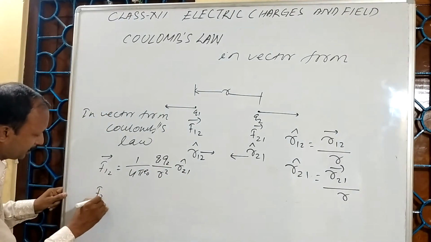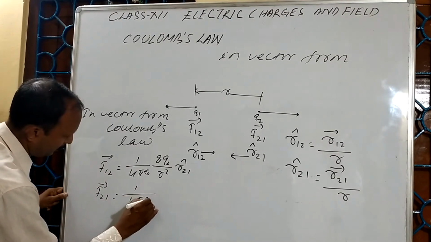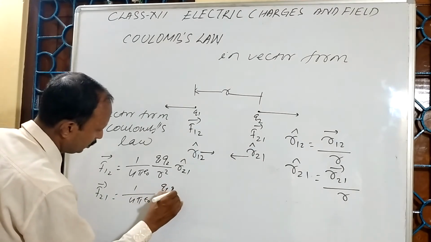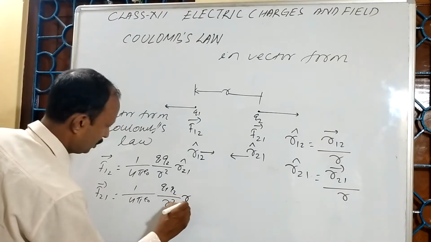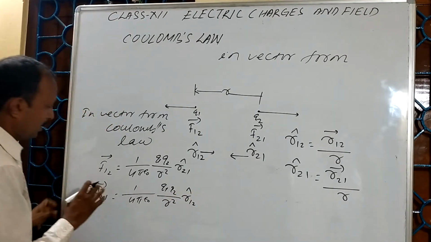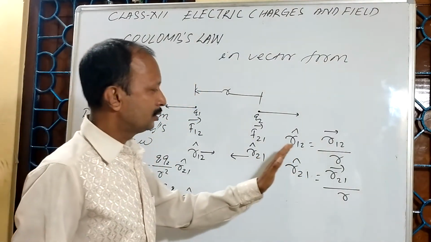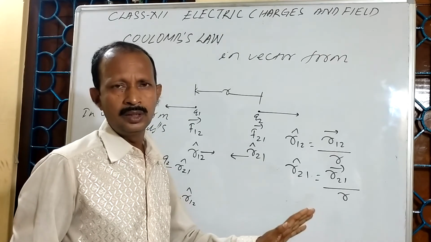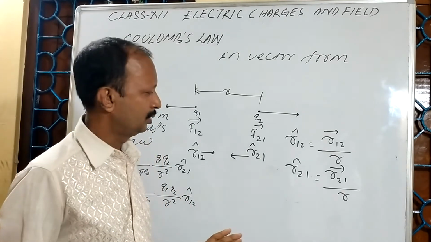Similarly, I can write that F21 is equal to 1 upon 4 pi epsilon naught Q1 Q2 upon R square R12. So I said that this R12 and R21 are unit vectors. It has only direction, its magnitude is only 1.